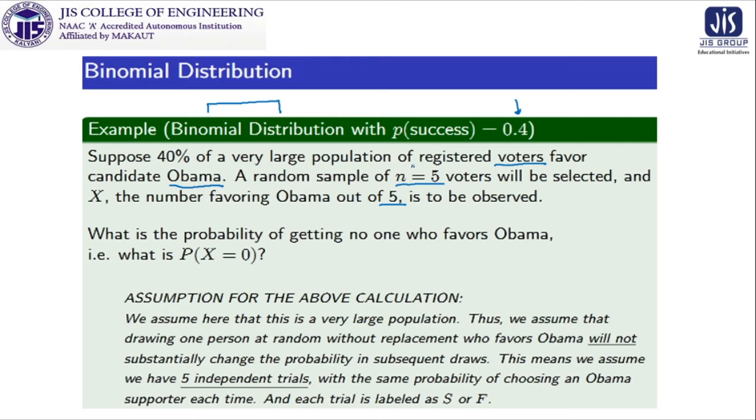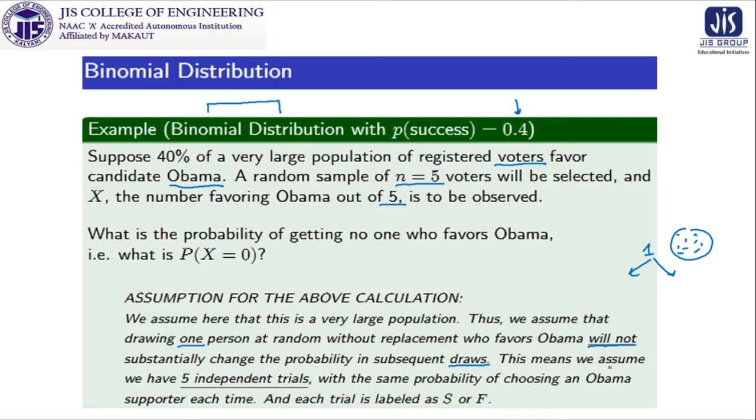We assume here that this is a very large population because it is mentioned. Thus we assume that drawing one person at random without replacement who favors Obama will not substantially change the probability in subsequent draws. If we take one person from a large population, whatever opinion he or she gives will not have any impact on the next draw.